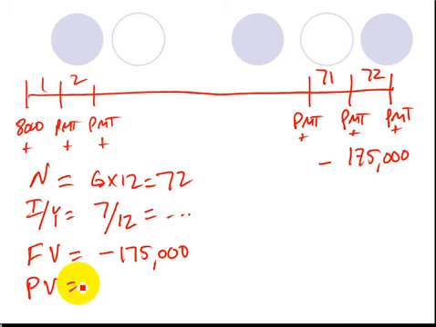The present value, that's how much you have right now, that's going to be 8,000. So notice these are of opposite signs. That future value, the amount you're going to accumulate, we're going to withdraw 175,000 out of that account, and present value, we're going to put in right now $8,000 into the account. So we have a negative for the future value, a positive for the present value. Of course, you could swap those and do it the other way as well.